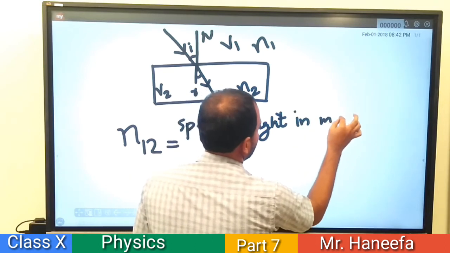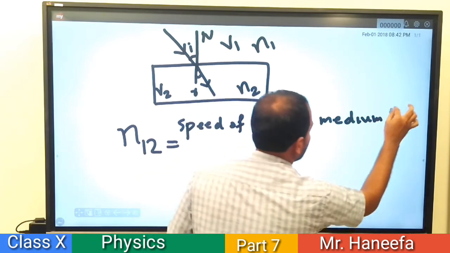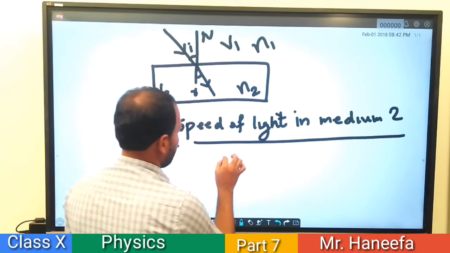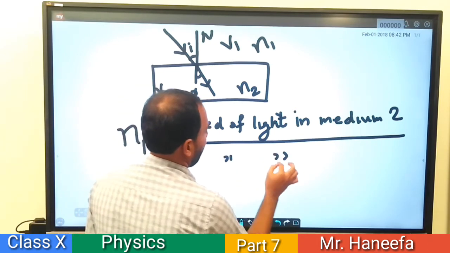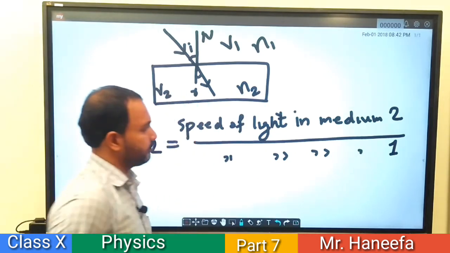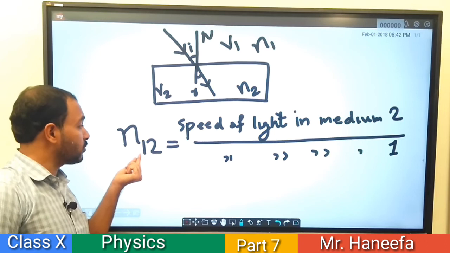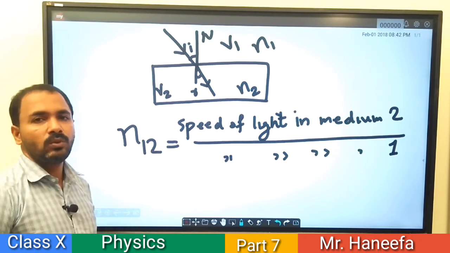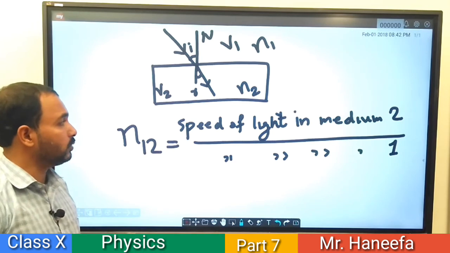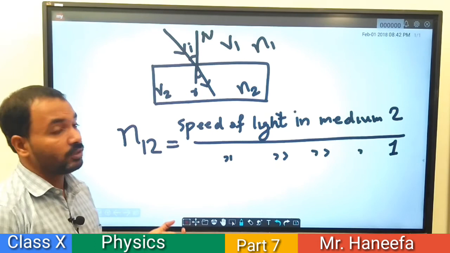in medium 2 divided by speed of light in medium 1.